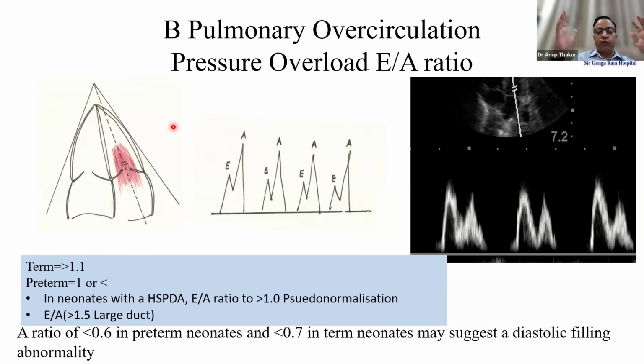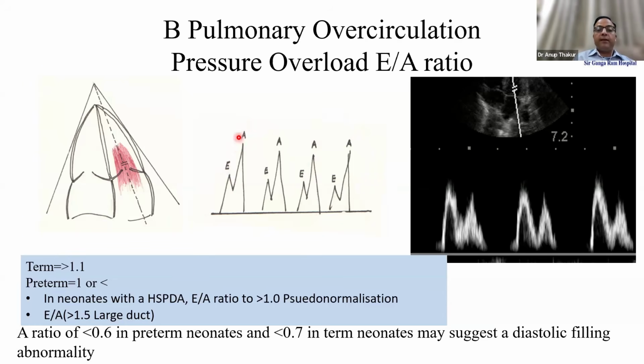So blood is not able to flow passively very well because the ventricle is not relaxing. So majorly the blood is pushed after atrial contraction. So the E/A ratio in a preterm baby will be less than 1, close to 0.8 or 0.7. So the E wave is smaller and the A wave is larger. This is normal in a preterm baby.